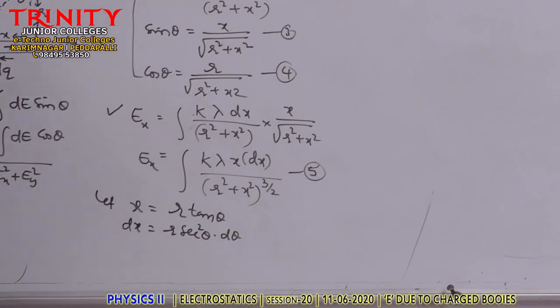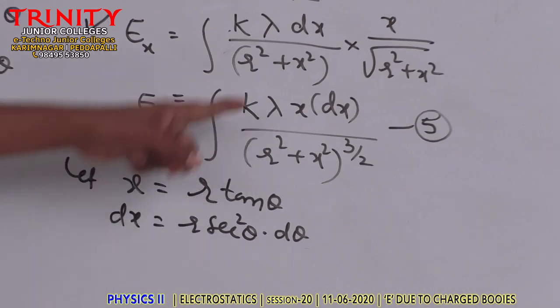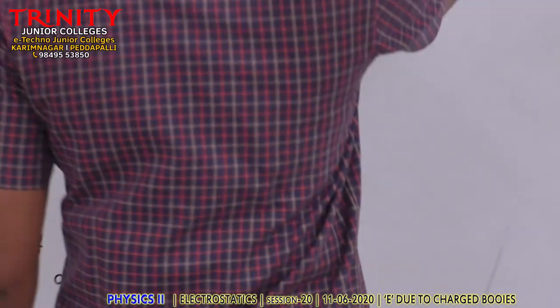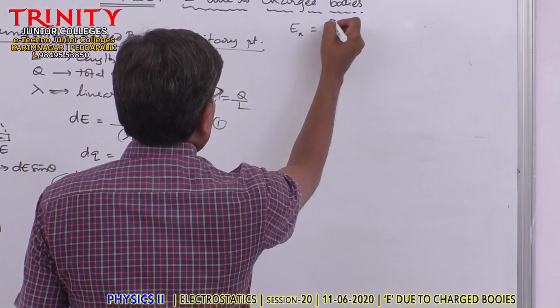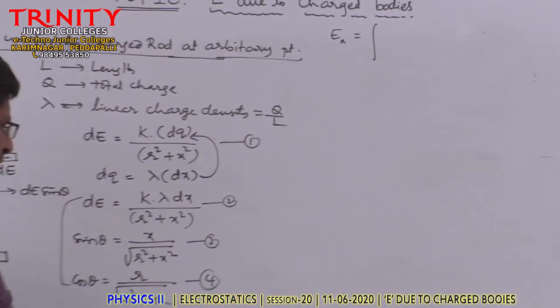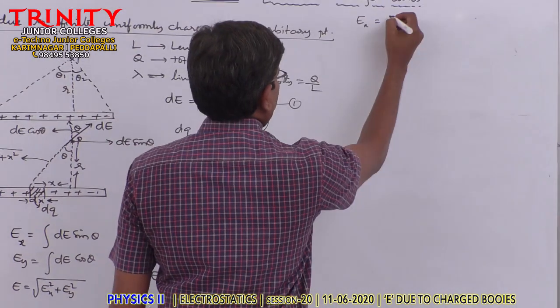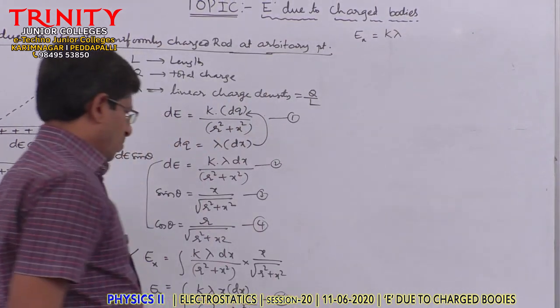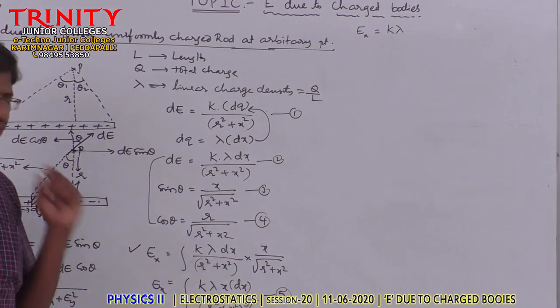So Ex equals, you got this one. With this substitution, Ex will be k lambda, and let me take k lambda outside of the integration, that is better always, because that is anyway a constant.